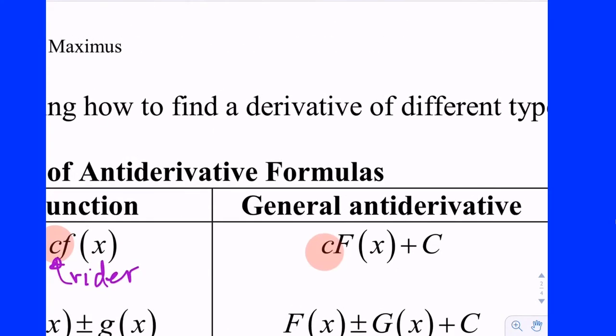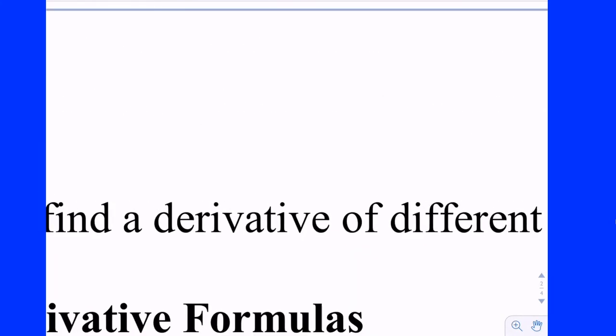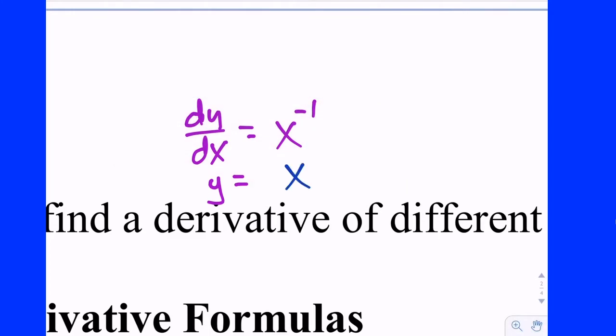Let's see why. What if I have dy dx equaling x to the negative first? Well, the left side becomes y, and if I try to use the power rule, what does the power rule say? I add 1 to negative 1 to get 0, and then I multiply by the reciprocal of 0 or divide by 0, not forgetting to put plus c.